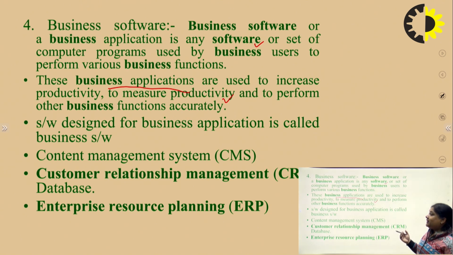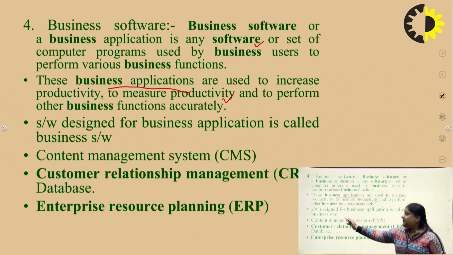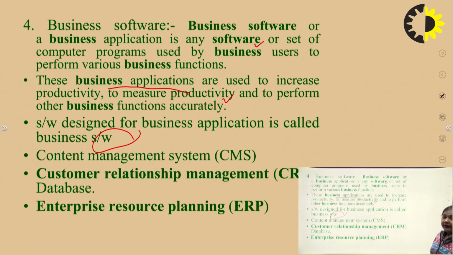Software designed for business applications is called business software. It has been developed especially for the business purposes of an organization. For example, CMS, CRM (Customer Relationship Management), databases, and ERP (Enterprise Resource Planning). These types of software work well in any type of organization.